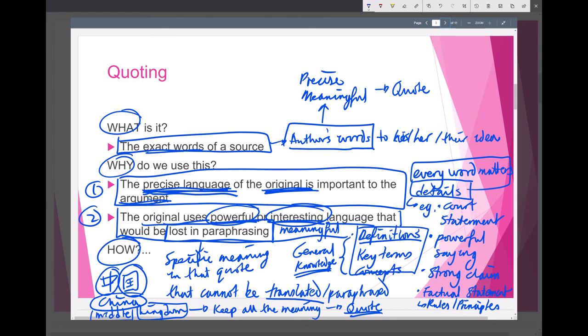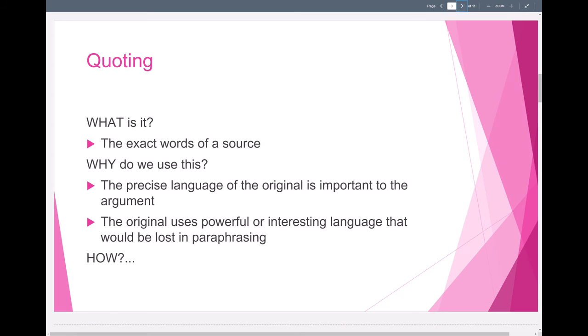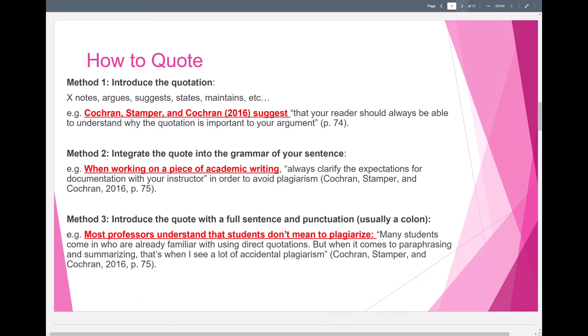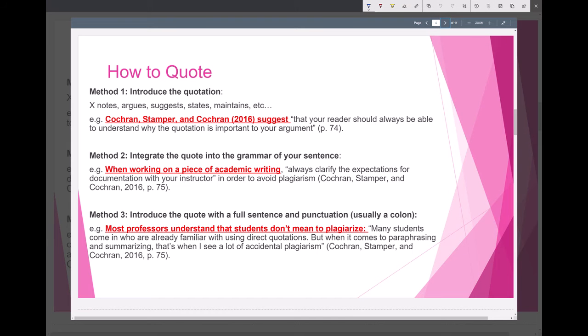So let's take a look at what a quote would look like. Here are some examples on how to quote. And this will show you not only what the quotes would look like, but why we use quotes on certain occasions. Remember, we want to be precise and we want to use it for meaningful things that the author's saying.